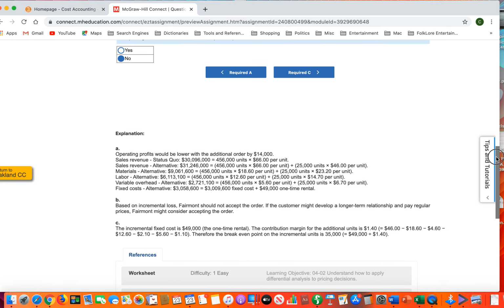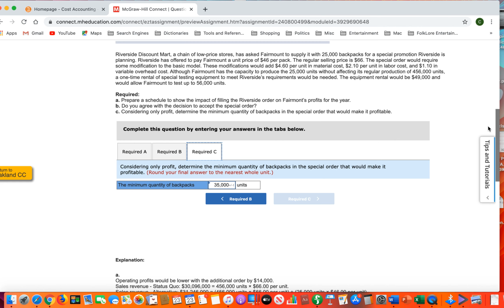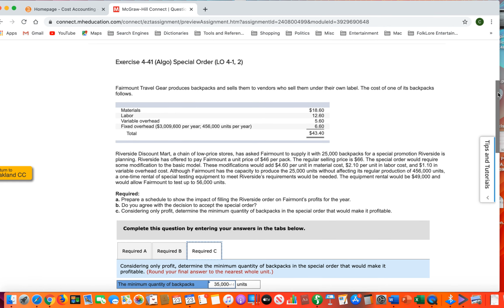And if we take the fixed cost of $49,000 and divide it by 0.71429, and we get, let me see, this should be, wait a minute here. I'm trying to see how I did it.